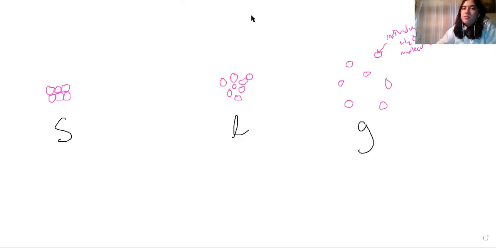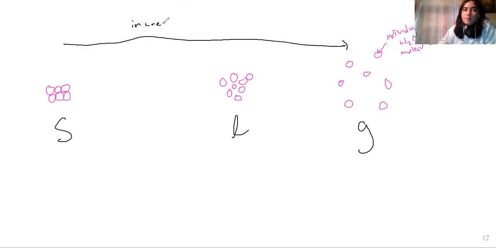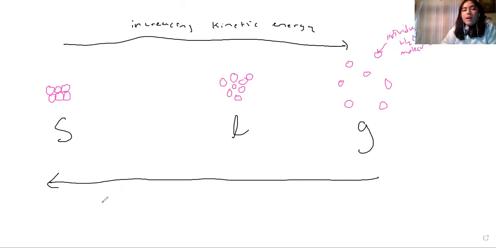We know what's happening, but let's put it in terms of chemistry and the language that they use. As we go this way, we have increasing kinetic energy. If we were to go from a gas to a liquid to a solid, we have increasing potential energy.